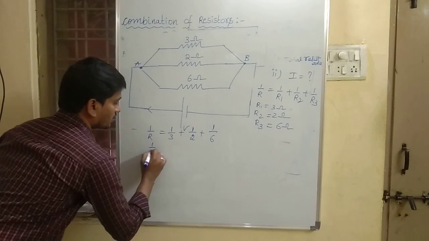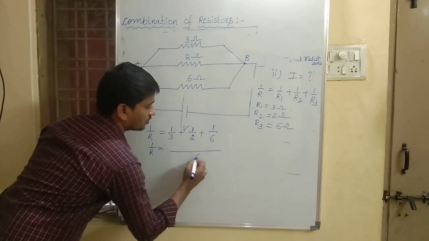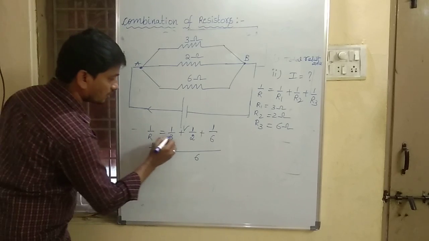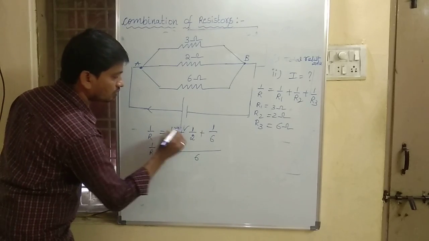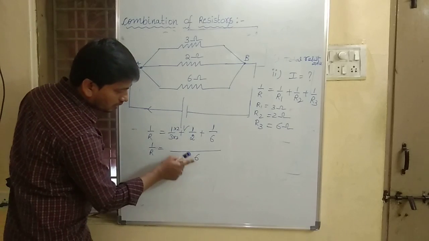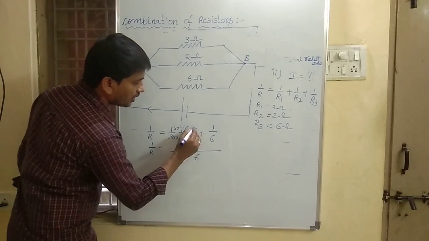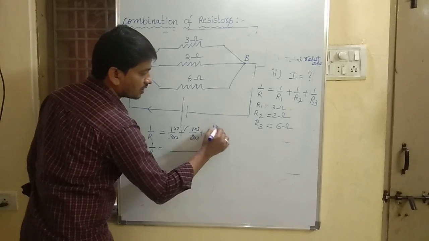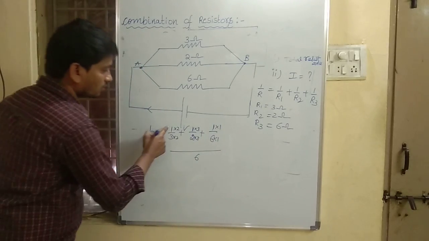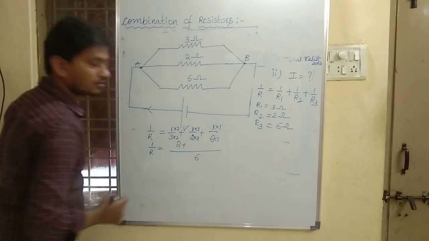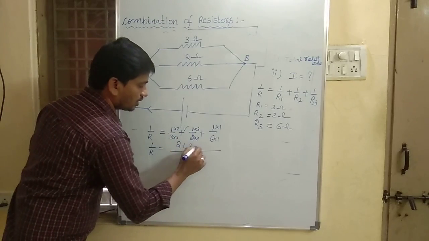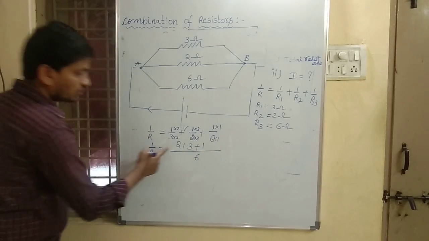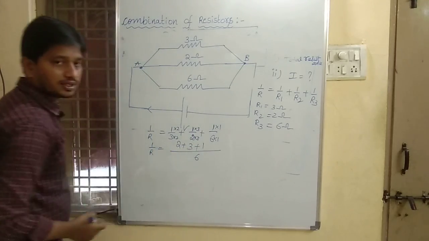The LCM is equal to 6. 3 times 2 is 6, so 2; 2 times 3 is 6, so 3; 6 times 1 is 6, so 1. So 2 plus 3 is 5, 5 plus 1 is 6.